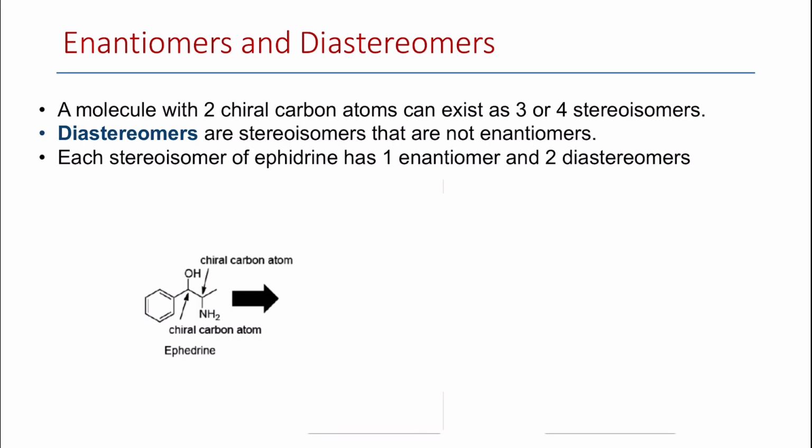So we have ephedrine here. It has two chiral carbon atoms, the first carbon and the second carbon. These are two chiral carbons. And we have four possible stereoisomers here based on the different combinations of configuration at both carbon atoms.